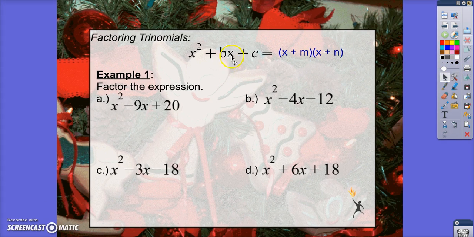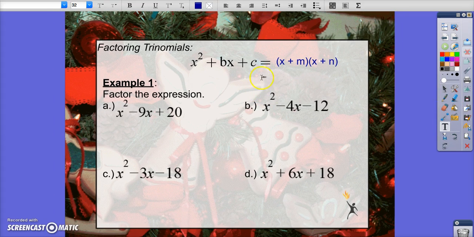When we actually factor, we're going to take c and split it up into factors that give us c when we multiply, but when we add them, we get the b. This will also equal x squared plus m plus n x.